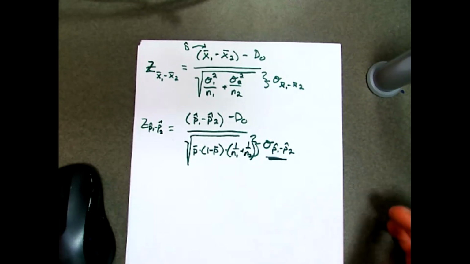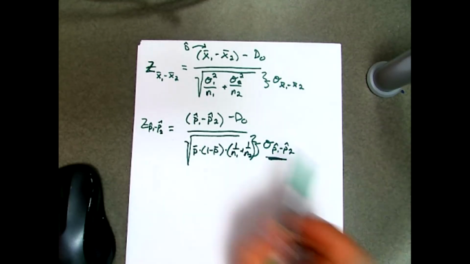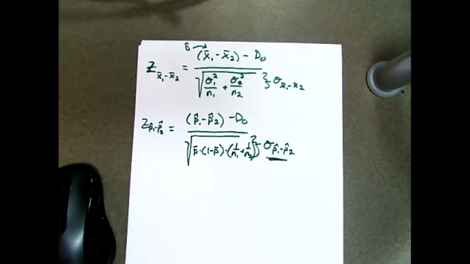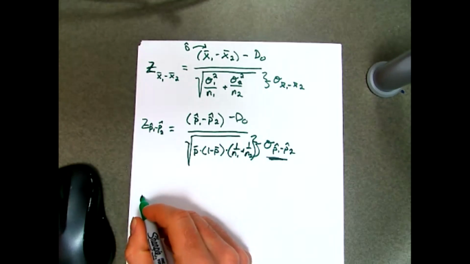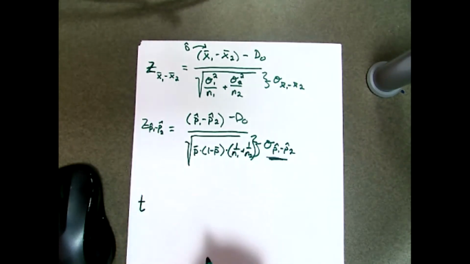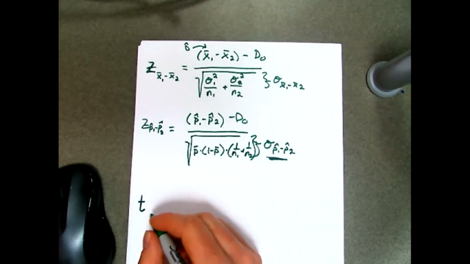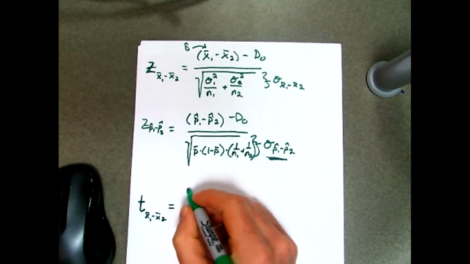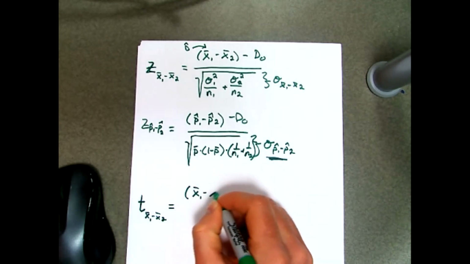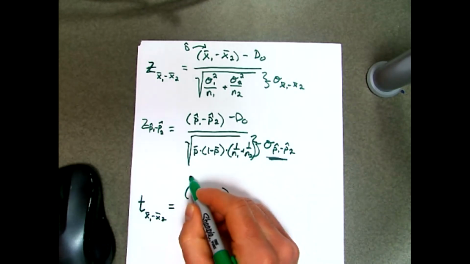So our test statistic equation, when we have sample means, but we don't know the population variances, we only have sample variances, is going to be a t statistic now, right? Because it's going to be coming from a student t distribution. Anytime we only have sample variances, student t distribution. Right? So our test statistic now is going to be the difference in our sample means, or this sample difference we found.